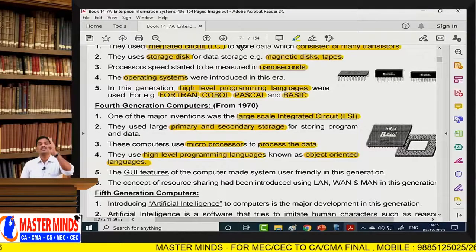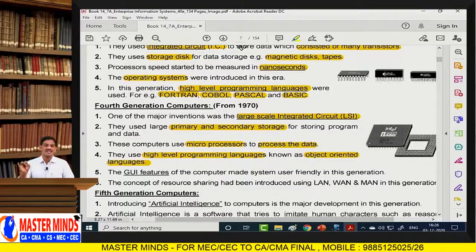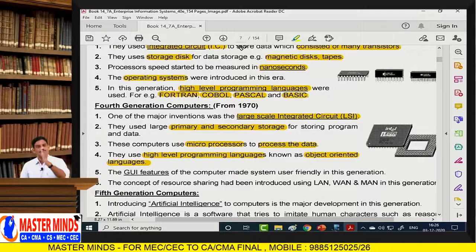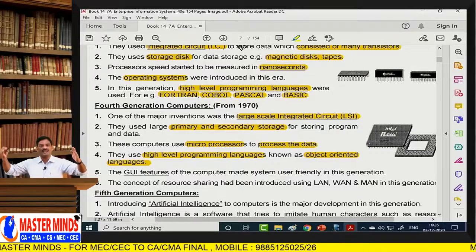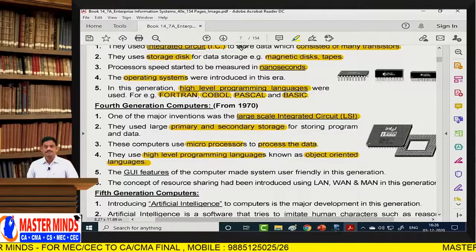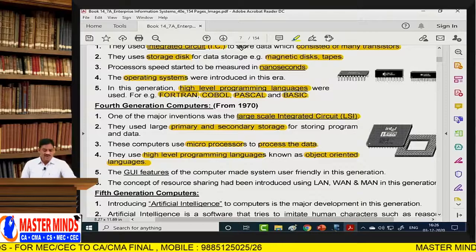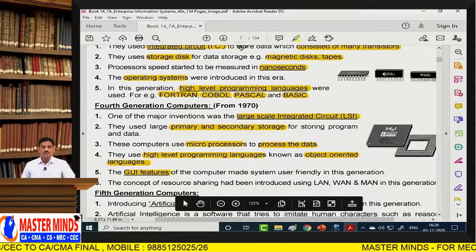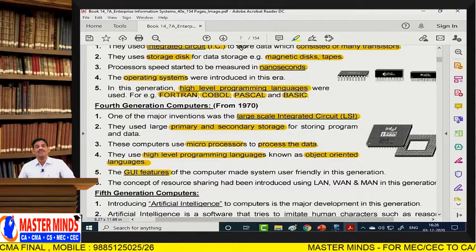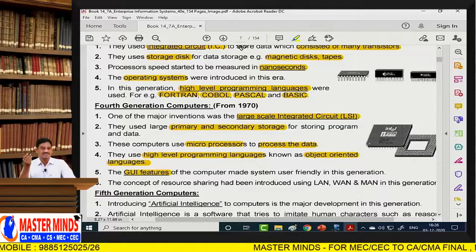We know that there are two types of memory, primary memory and secondary memory. Random access memory and read-only memory come under primary memory. Permanent memory is called secondary memory. It uses the concept of GUI. I told you, what is GUI? Graphical User Interface. Here I am using a stylus.